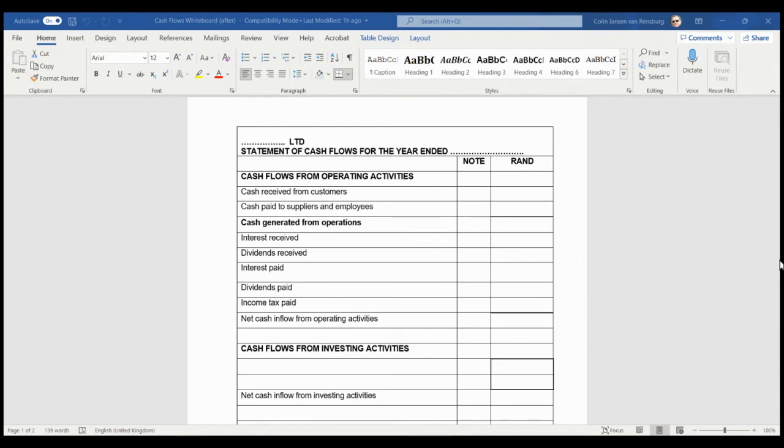Okay, ladies and gentlemen, the point we want to make here is that if we had started the reconciliation with your profit for the year, which we are not, that would mean the income tax expense has already been deducted. But we are not starting with profit for the year, because that gives us an unnecessary extra little adjustment.